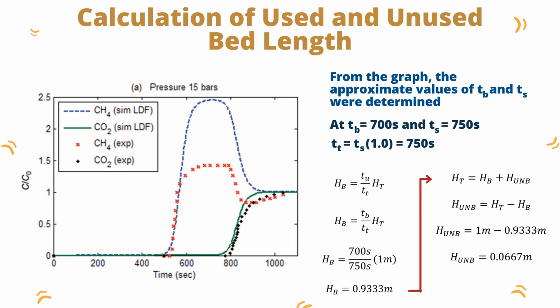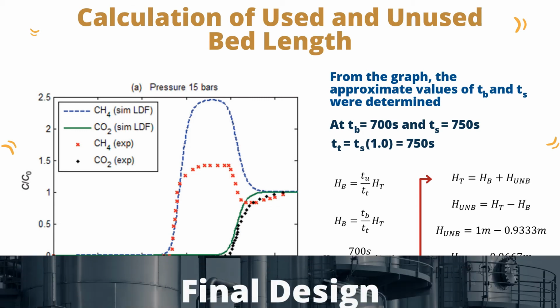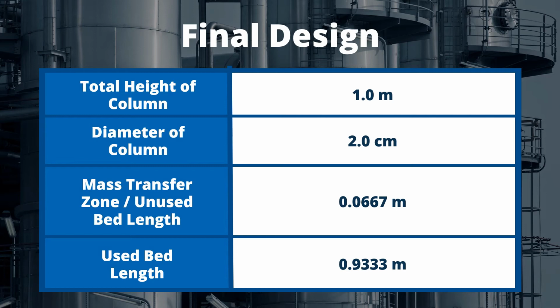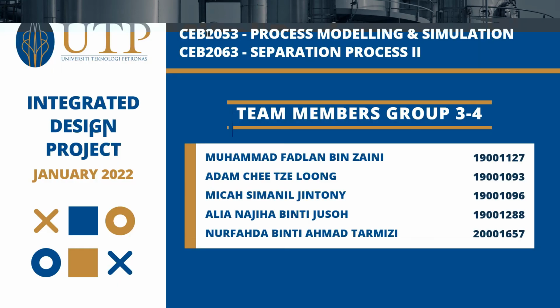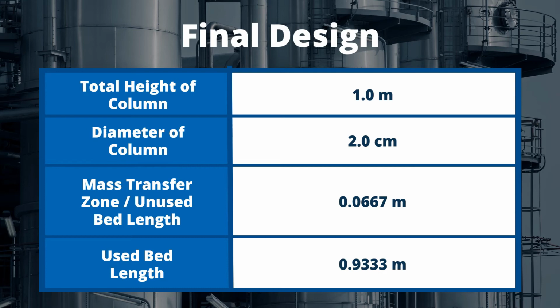This means the MTZ, or mass transfer zone, is equal to 0.067 meter. In summary, for the final design of our adsorption column, with a total height of 1 meter and a diameter of 2 cm, we found that the mass transfer zone is 0.067 meter.